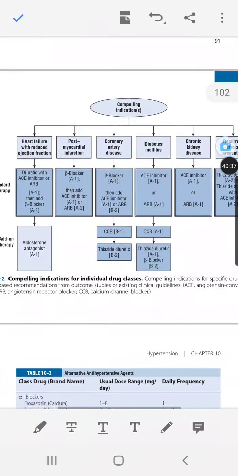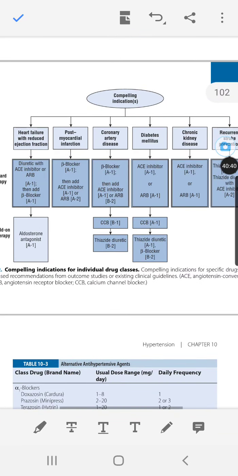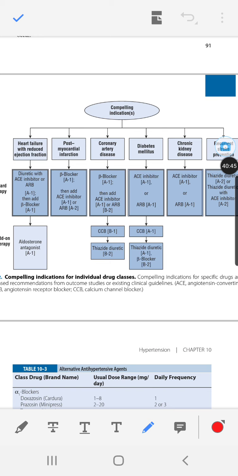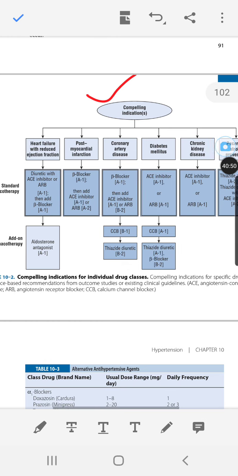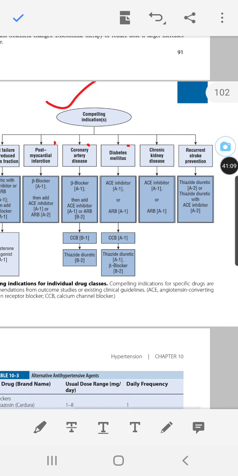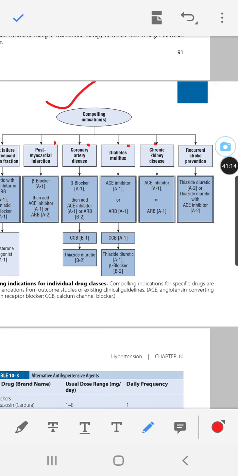This is a very important flowchart. In case of compelling indication, the compelling indications include heart failure with reduced ejection fraction, post myocardial infarction, coronary artery disease, diabetes mellitus, chronic kidney disease, and recurrent stroke prevention.